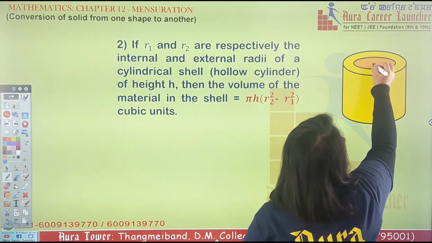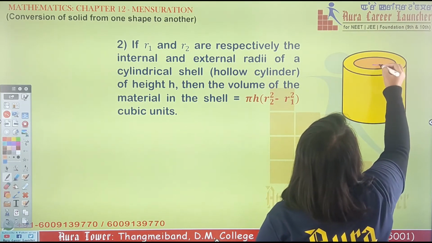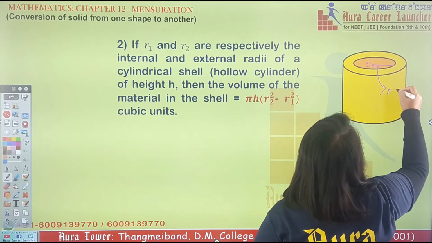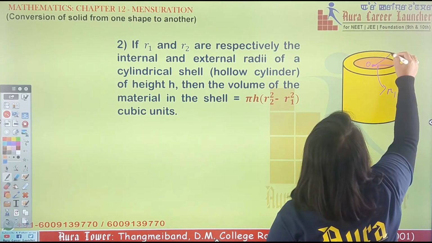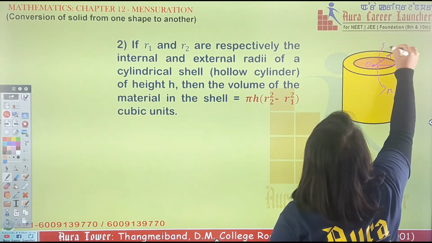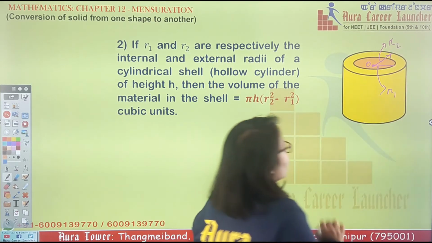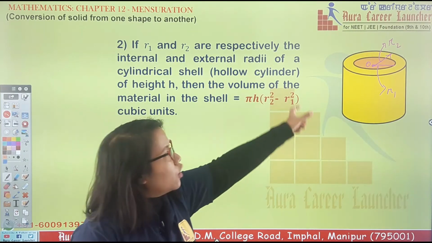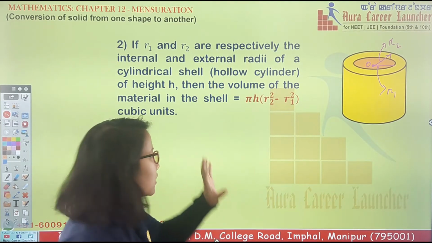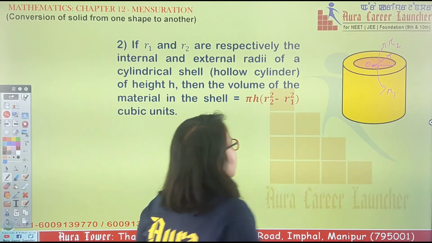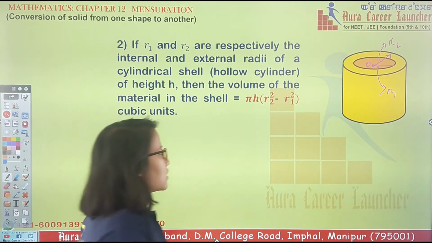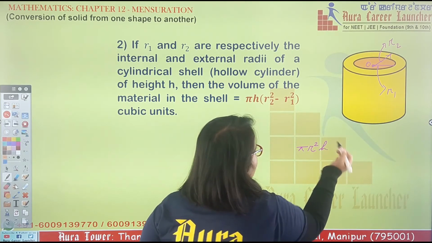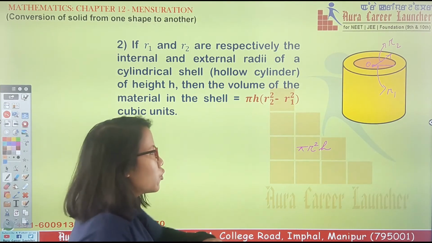Now the inner radius, for example, we take as R1 and the outer radius as R2. So the net volume of the material of the hollow cylinder is very simple. We know that the volume of a cylinder is pi r squared h.